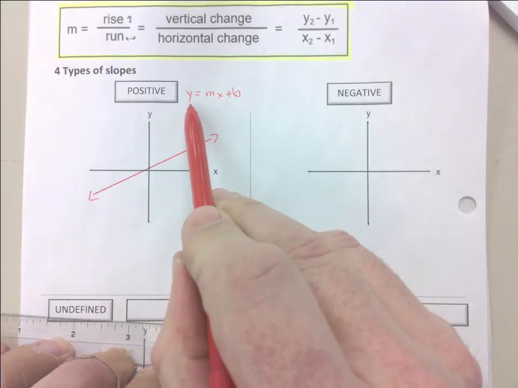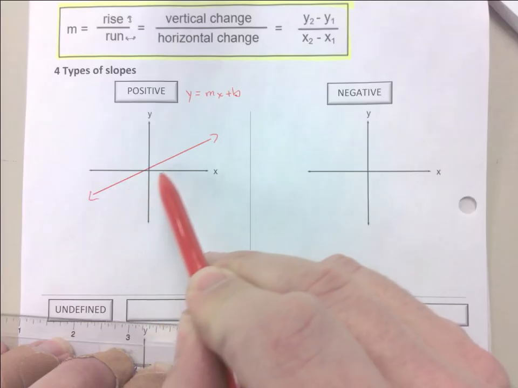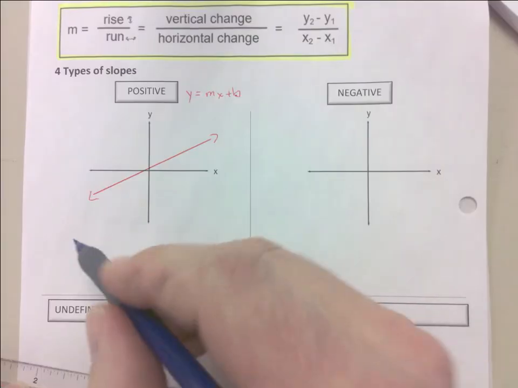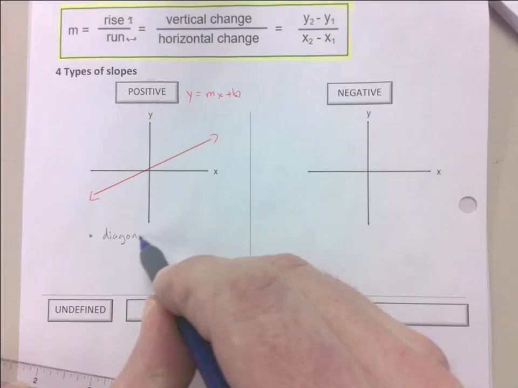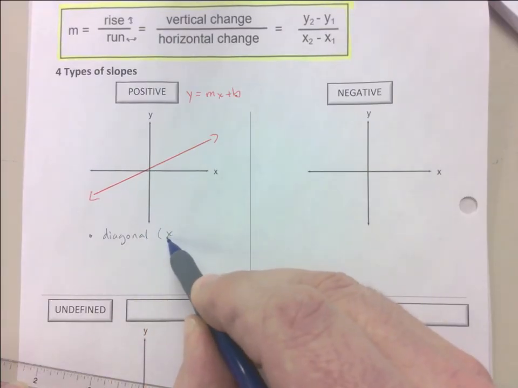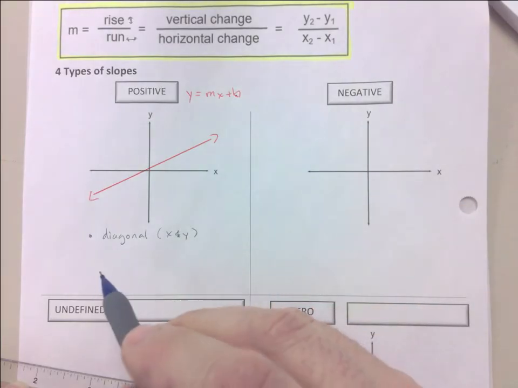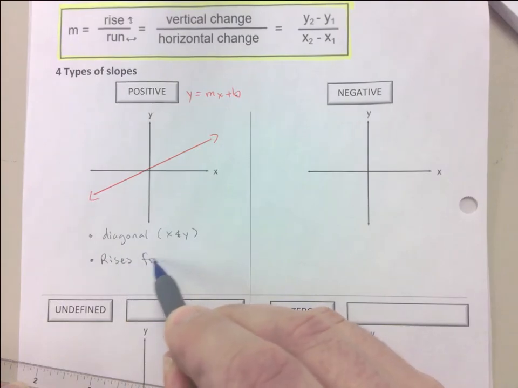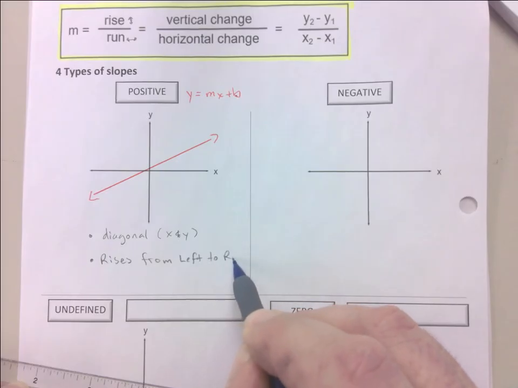So if your equation has y and x, you know it's going to be a diagonal line and it's going to go up from left to right. So I'm going to write down here: diagonal, because there's x and y in your equation, and it rises from left to right.